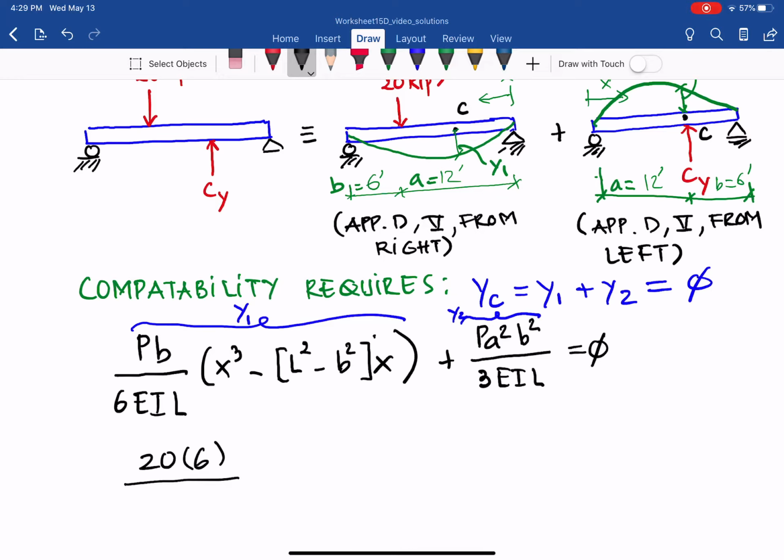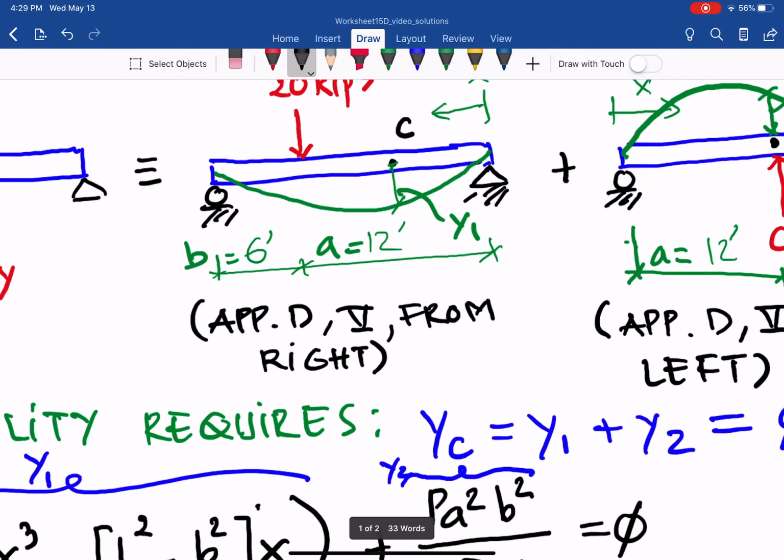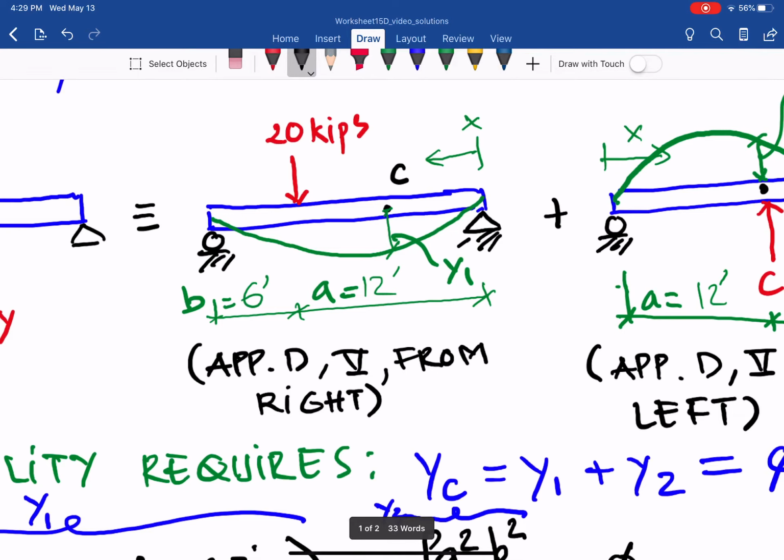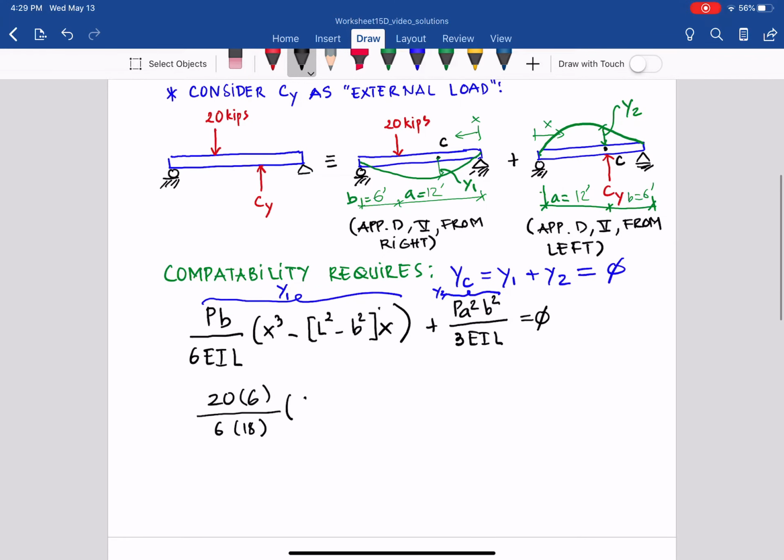L total is 18 feet. We measure Y1 at C, so X from the right equals 6 feet. So you have 6 cubed minus L squared, 18 squared, B squared, 6 squared, times X equals 6 feet.